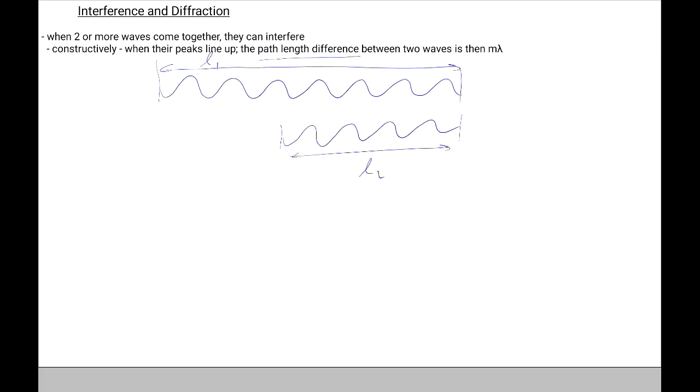So we'll say that if |L1 - L2|, in absolute value because we might not know which of the waves travels a longer distance, when we want them to meet, the path length difference should be equal to an integer number of wavelengths. And in that case, their peaks line up, loosely in my drawing, and their valleys line up as well.